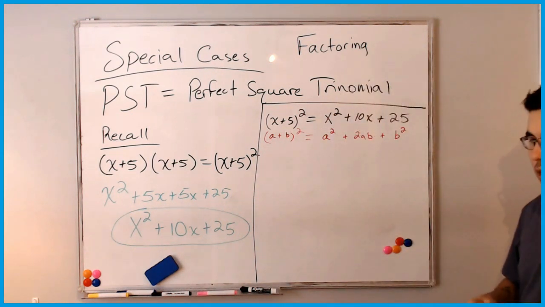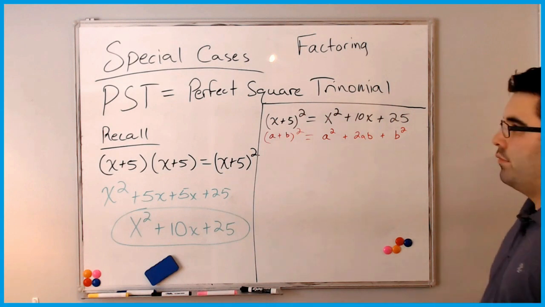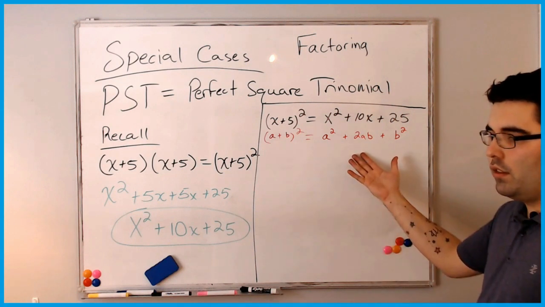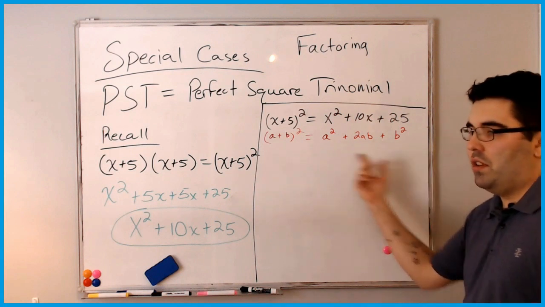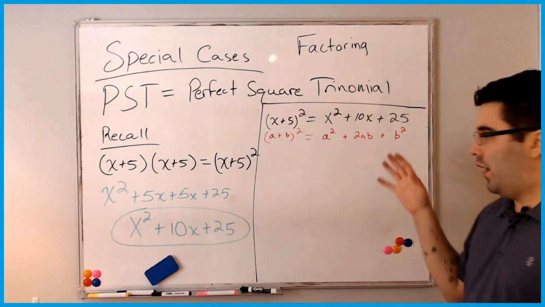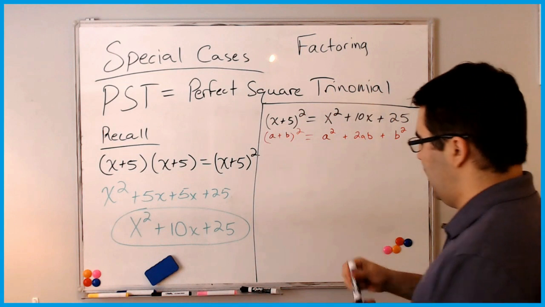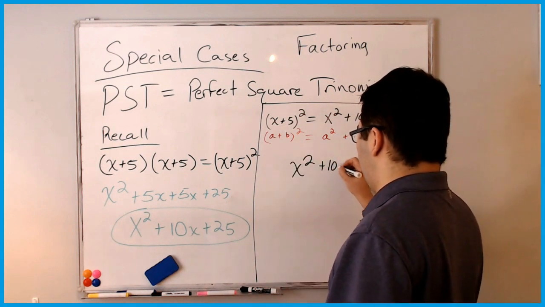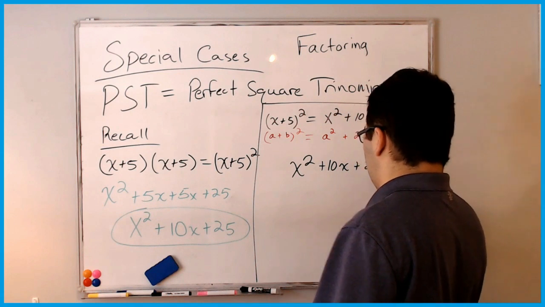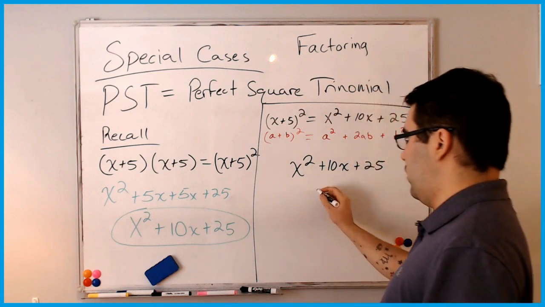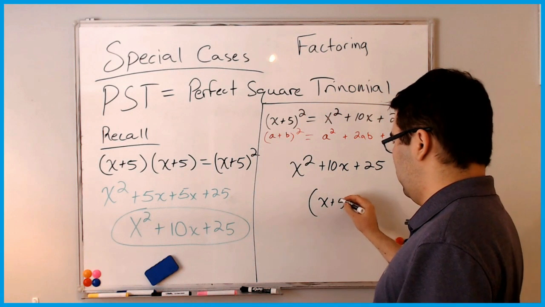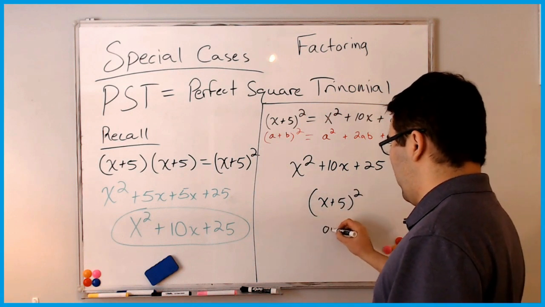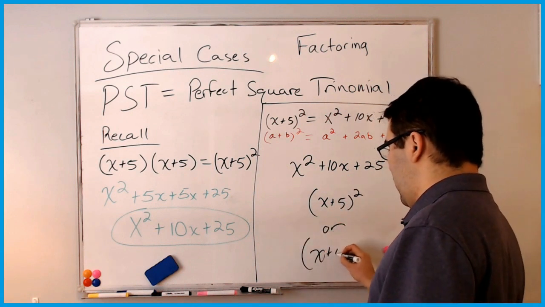And the reason why I'm showing you that is because if you're asked to factor it, you're just doing the same thing, just backwards. So if you recognize the pattern immediately, like if you were given this and told to factor it, this is what you would be given, and your answer would be this. Or, you could write it out if you wanted to.